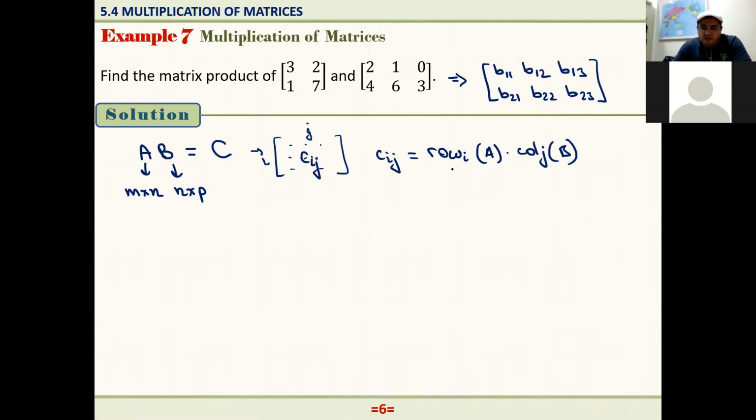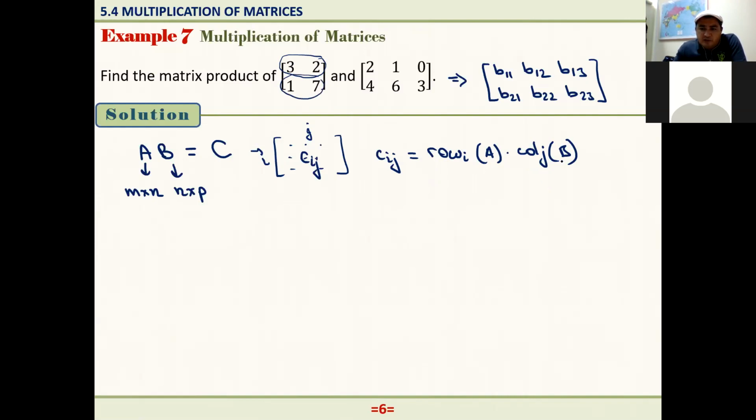Maybe if you have never seen this, you may think it is very different or complicated. I'm just translating this. Row I of A means the I-th row of matrix A. For example, if I is 1, I'm talking about the first row; if I equals 2, we're talking about the second row.